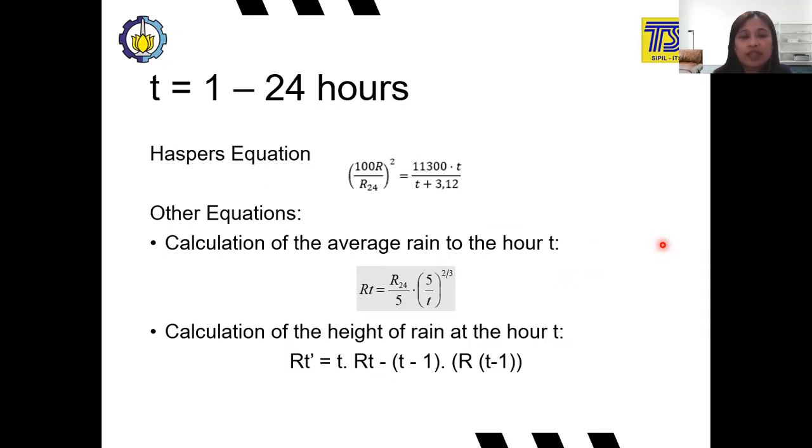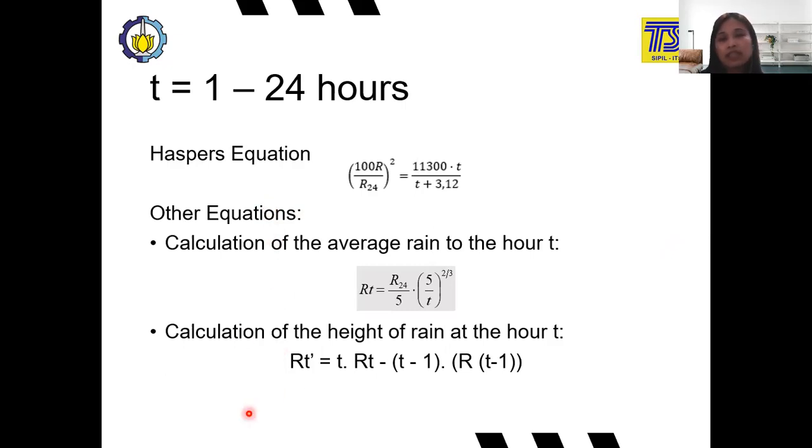The equation will be different if it's used for a time duration of rain less than 1 day. For example, here we have a time duration of rainfall between 1 and 24 hours, so it will be less than 1 day.